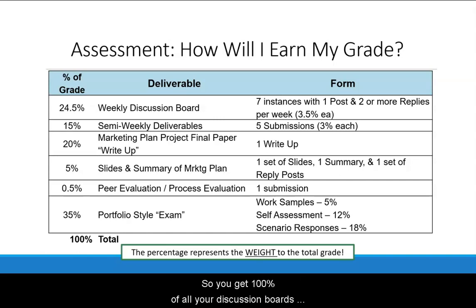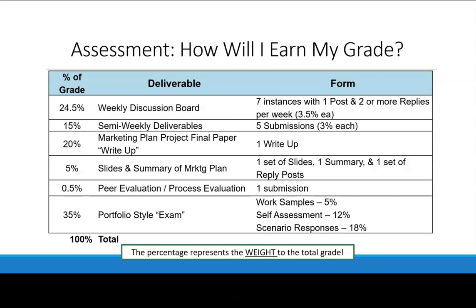So if you get 100% on all your discussion boards, you will earn all 24.5 points out of 100 points possible. Meanwhile, if you totally blow off the portfolio style exam, even if you earn 100% on everything else, your grade could never be above a 65%. So it's good to not blow these off.